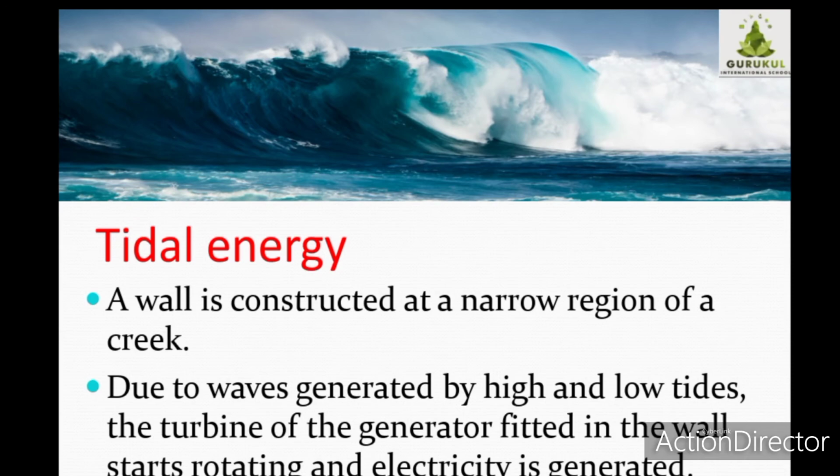At the edge of the ocean, a narrow wall is constructed, and due to waves generated by high and low tides, the turbine of a generator fitted in the wall starts rotating and electricity is generated. As we all know, these waves have a lot of force in them, correct? So they have a lot of energy. Because of that kinetic energy, the turbine starts rotating and electrical energy can be generated.